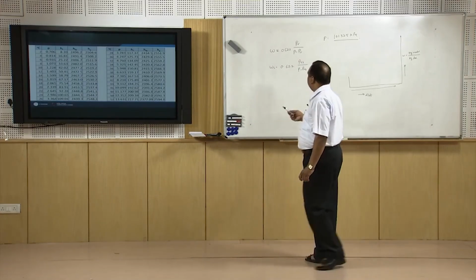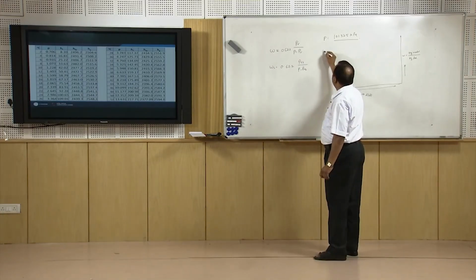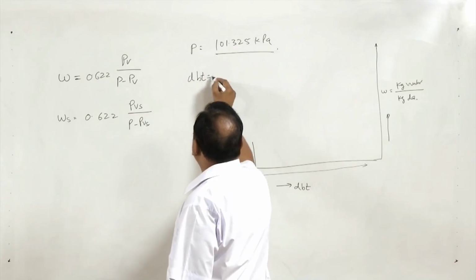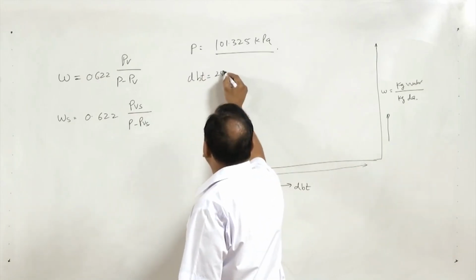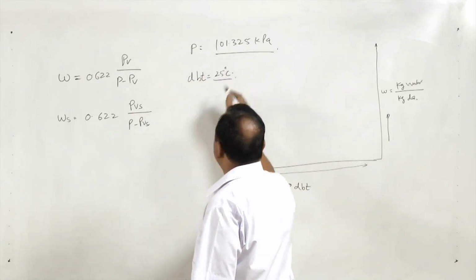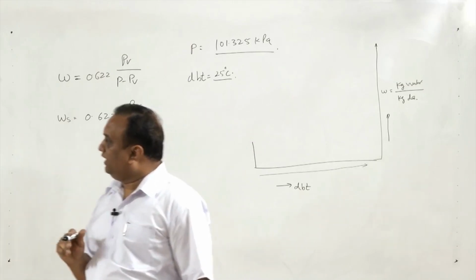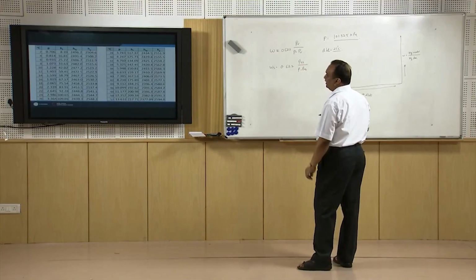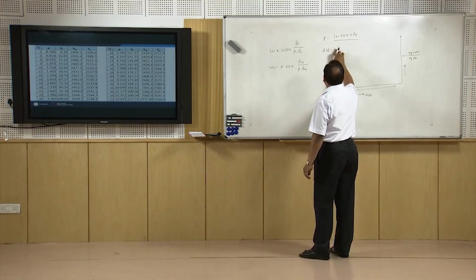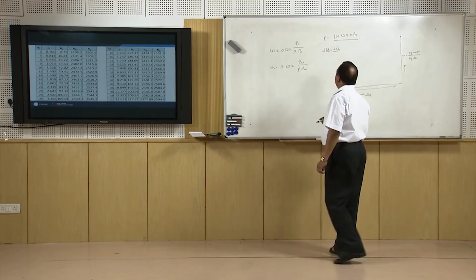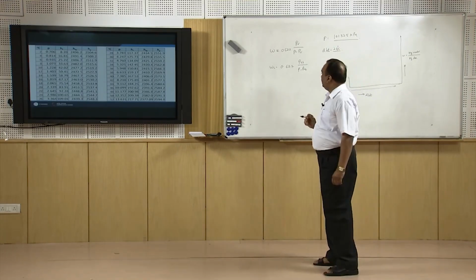Suppose the outside temperature or dBT, we will assume some dBT, let us say 25 degree centigrade. Here the 25 degree centigrade value is not given, so we will assume 24 degree centigrade.